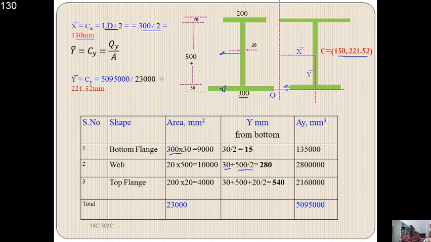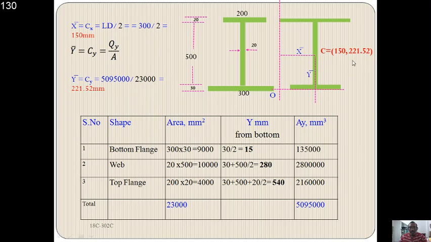The total is 500, therefore 30 plus 500 by 2. And for the top flange, 30 plus 500 plus half of this one, 20 by 2, giving 540. Then multiply area into y to get the y bar value. So in this centroid problem, we understood already how to do this for the x direction and y direction.